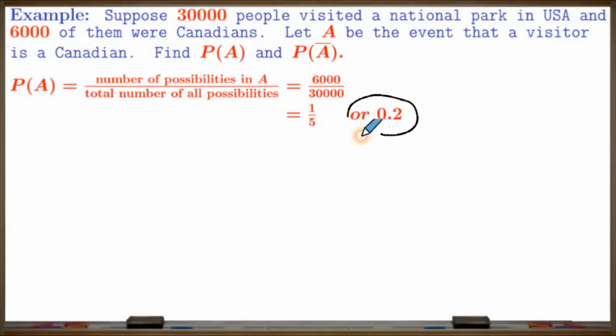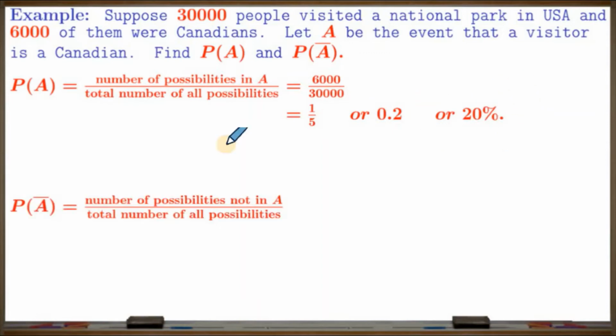or 0.2 or 20%. Now we have to find probability of A complement. The formula for probability of A complement is number of possibilities not in A over total number of all possibilities. The number of possibilities not in A is 24,000.